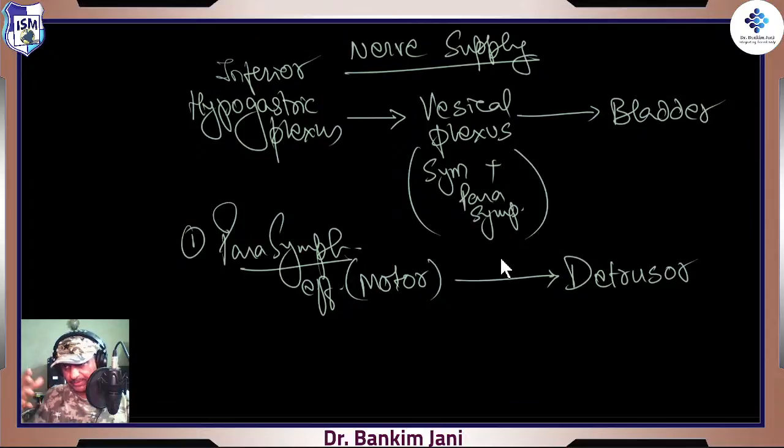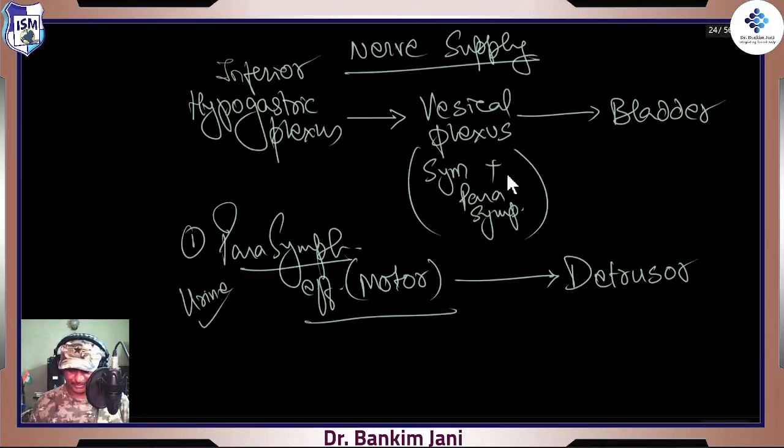When the detrusor contracts, the bladder starts emptying, because it is the parasympathetic which says, yes, let the urine flow. That's the reason if this is destroyed, normal micturition won't be possible because that pressure won't be generated. So that's the parasympathetic, efferent motor to those detrusors.